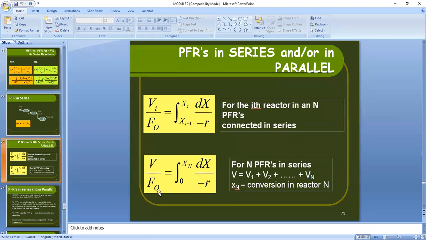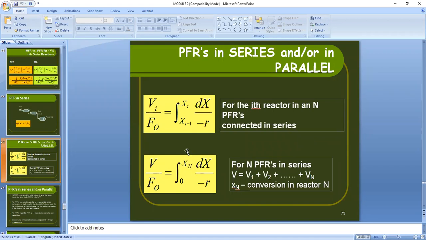Now, this formula also, as I mentioned a while ago, has another interpretation: if you have N PFRs in series, you can get all their volumes, take the sum of all those volumes, and determine the conversion on reactor N, or the last reactor.